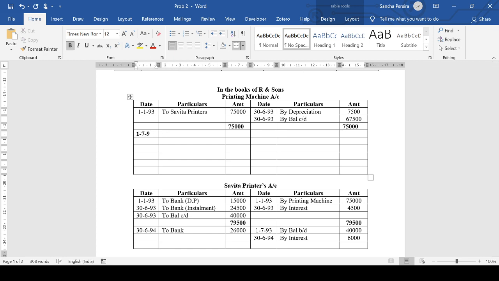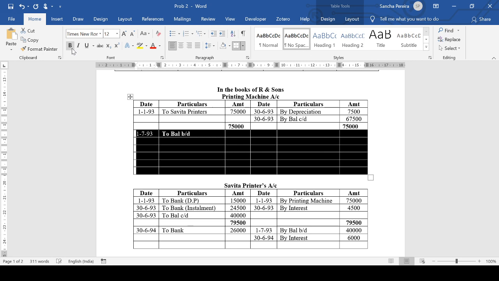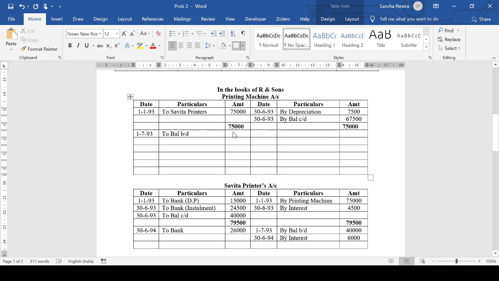Sorry, 1st July 93, to balance brought down. How much is the balance brought down? 67,500.